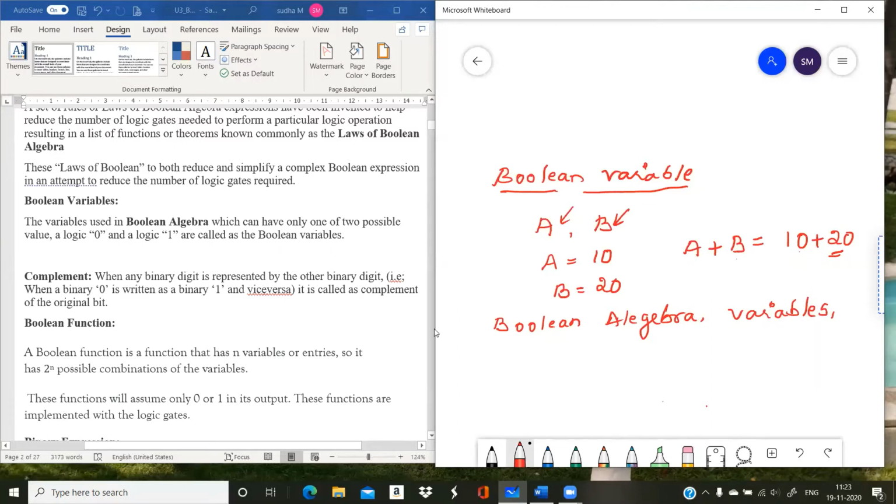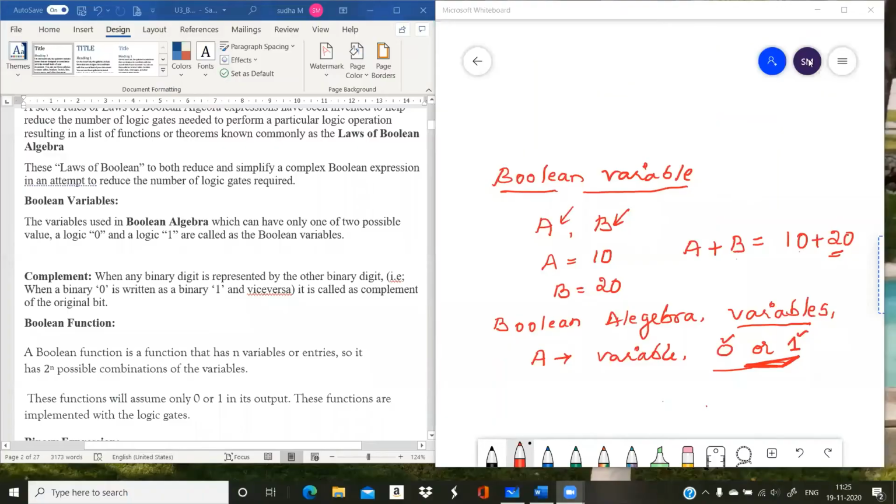So they are nothing but Boolean variables. Any alphabet can be assigned as a Boolean variable. But here one thing you have to remember is that only 0 or 1 can be assigned.